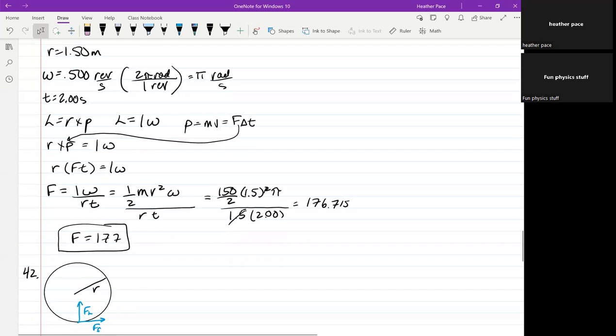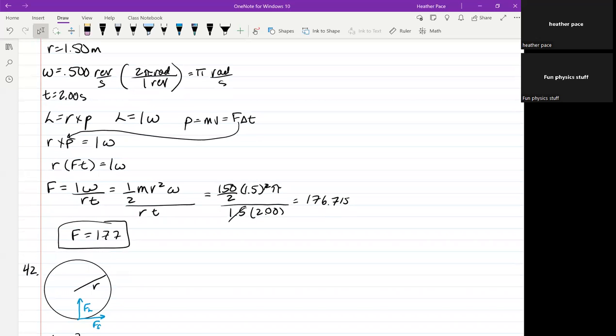All right, so let's look at the equations that we know that might be useful and see if we can push stuff together, because the question is what constant force must be exerted on the rope to bring the merry-go-round from rest to an angular speed. Looking at what we're given, there's not an equation that we can just plug and chug. So let's write down what we know.